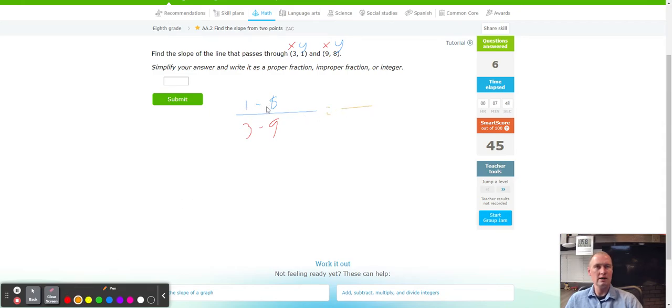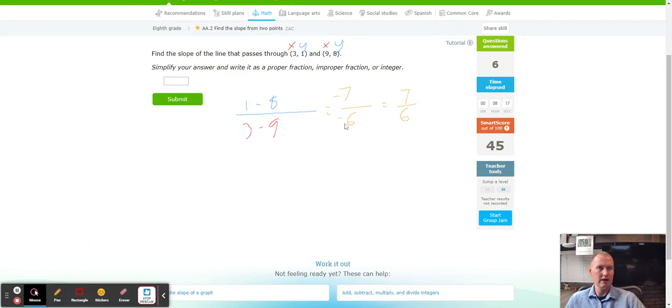We have 1 minus 8. Careful, the magnitude of 8 is larger, so therefore negative. 8 minus 1 is 7, so we're going with negative 7. Same problem on the bottom. The magnitude of the 9 is bigger and it's negative. Therefore, 9 minus 3 is negative 6. However, when you have a negative and a negative divide, the negative is positive. So we're going to go with 7 over 6.